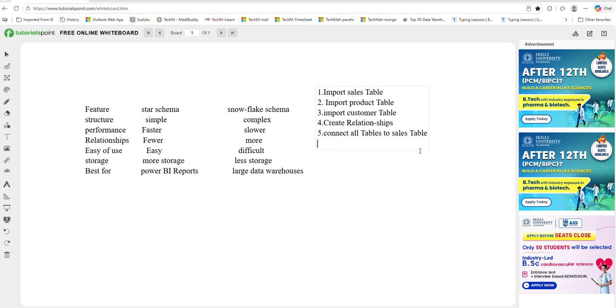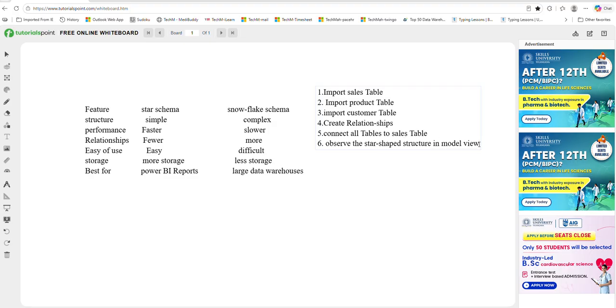After you connect all the tables to the sales table, the last task is to observe the star shaped structure in model view.